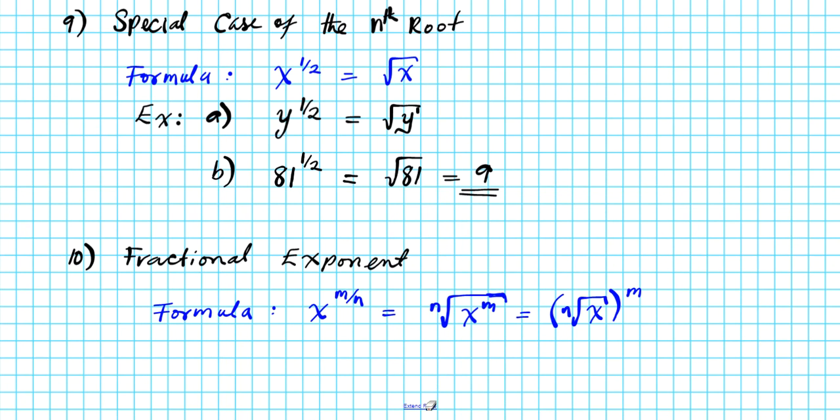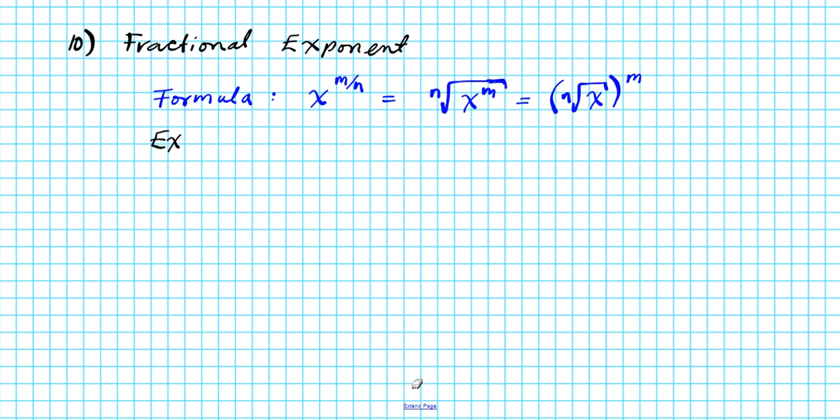Okay, now let's take a look at two examples. Let's start with the algebraic example. What if you were asked to rewrite the expression y raised to the 4/3 power as radicals?